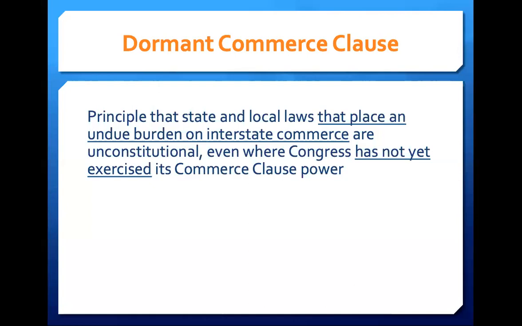First is just the historical argument. The argument that the framers and the framing generation intended to centralize the regulation of commerce in the federal government. The goal here was trying to put an end to interstate trade wars, not necessarily to encourage the federal government to be really hands-on regulating interstate commerce.